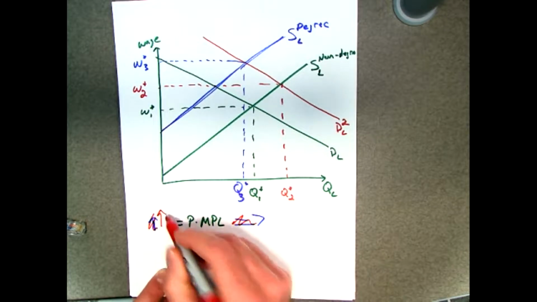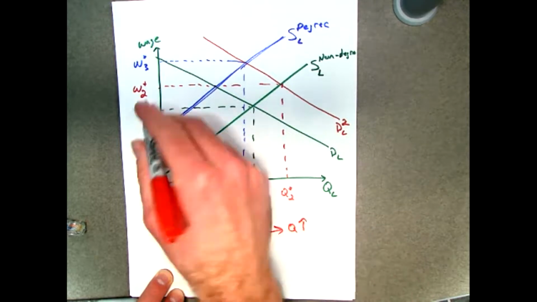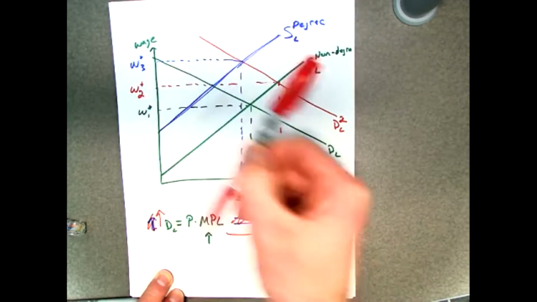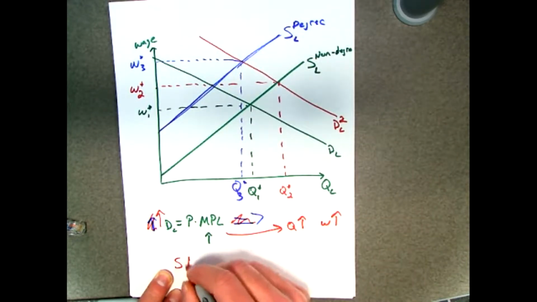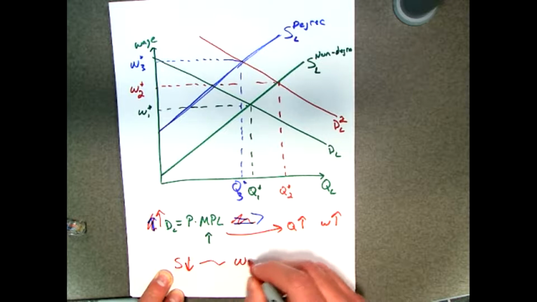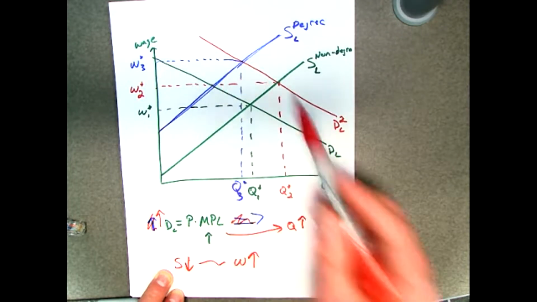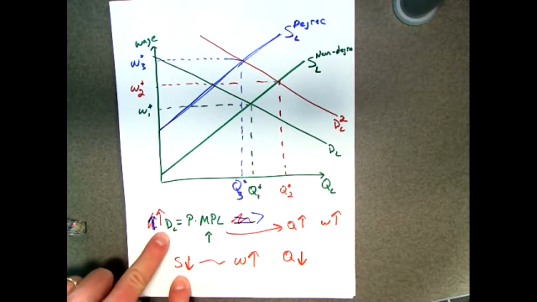Our demand increase, I should have kept these colors consistent here, caused quantity to go up and it caused wages to go up. That supply decrease was also causing wages to go up, but forcing quantity to be lower, right? So this is one of those where we have two effects.